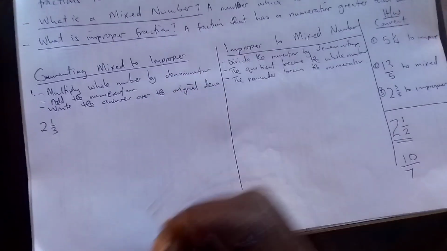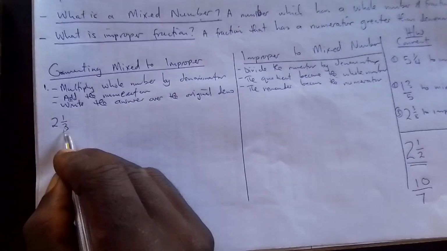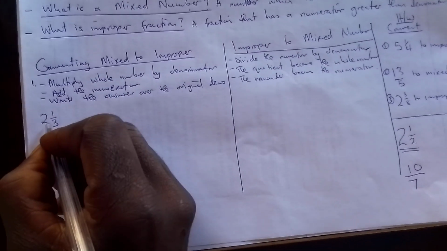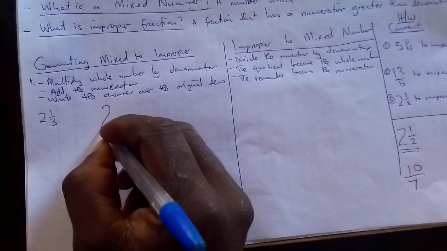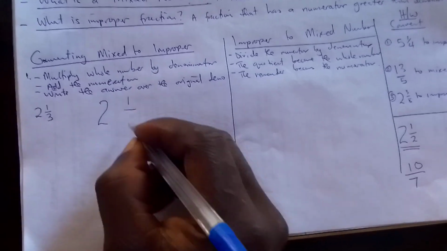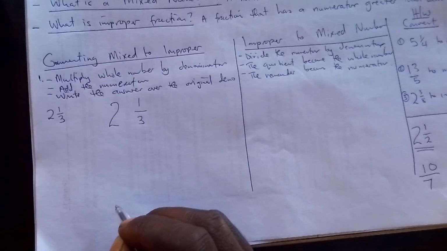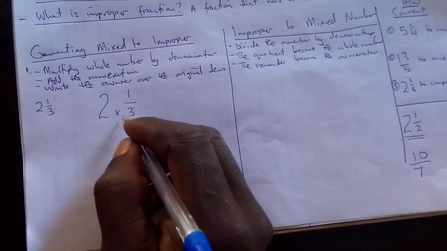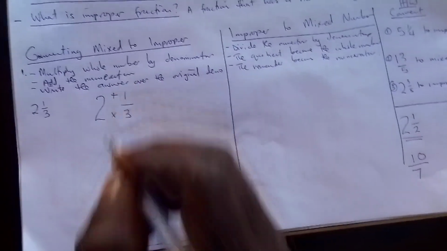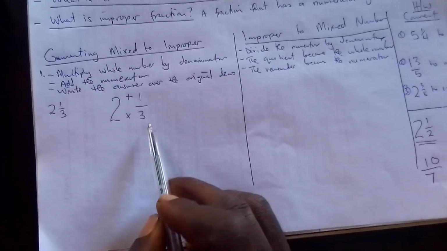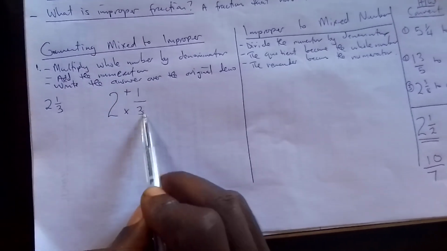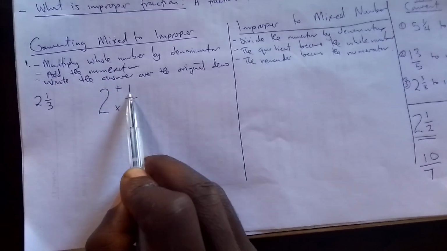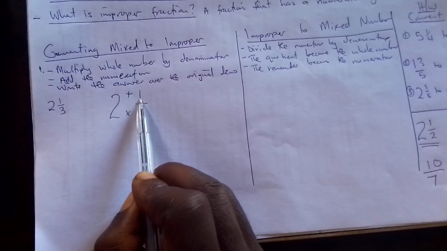Okay, let's multiply the whole number by the denominator, which means, let me rewrite it a little bit bigger so that you can see. We are going to multiply here these 2, then we add there. Can you see? 2 times 3, then plus 1.